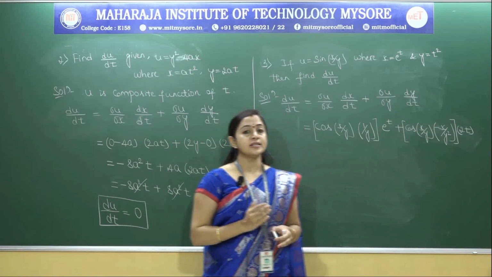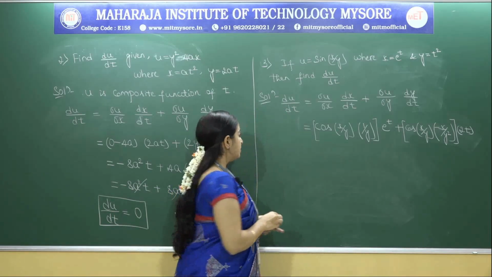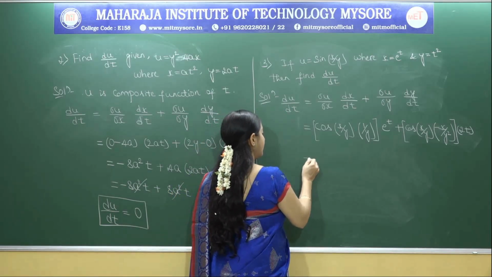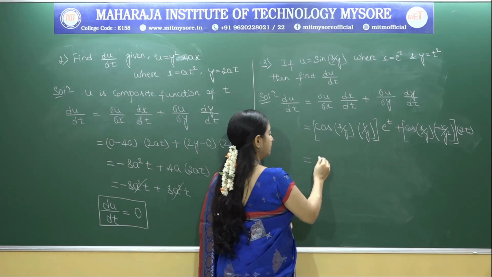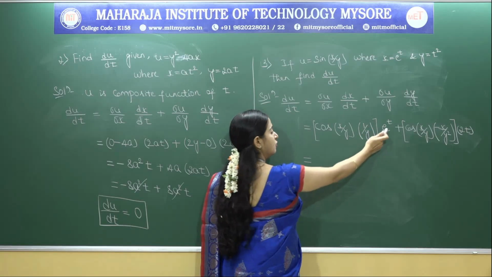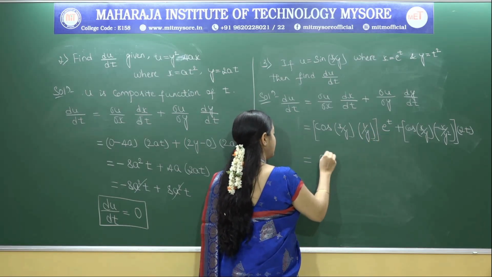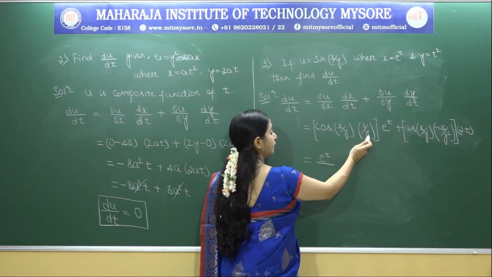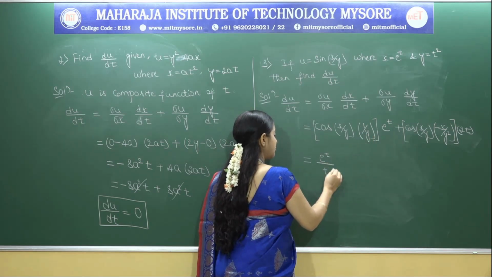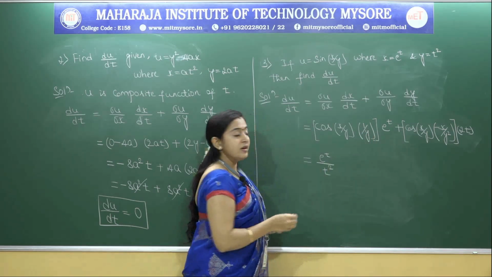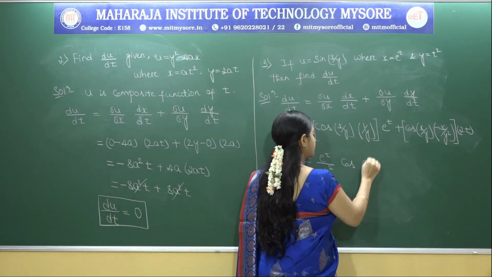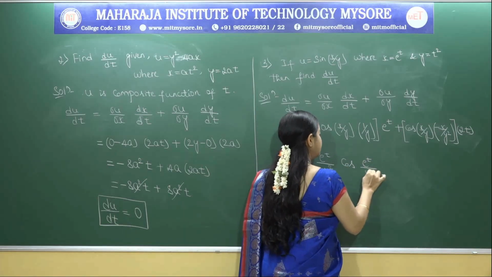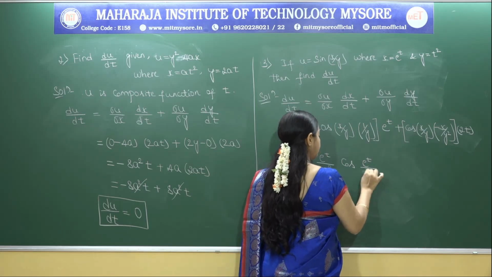Next, substitute for x and y, and you will get the answer. So represent du by dt in terms of t. For the first term, 1 by y, you have e power t, and for 1 by y you substitute t square. Then keep cos of x by y, for x you substitute e power t, y is t square.